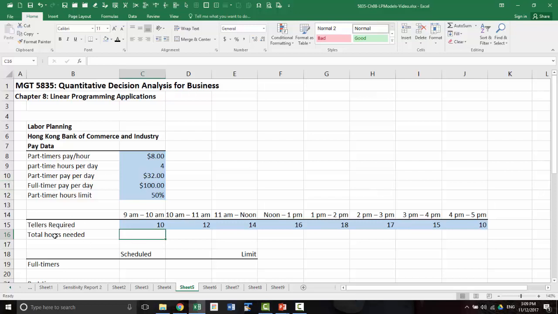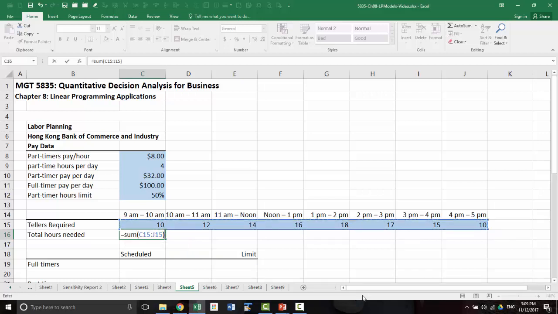So the total hours needed per day will be, you need 10 tellers for 1 hour here, 12 tellers for 1 hour here, 14 tellers for 1 hour here. So if you add up all of these numbers, that will give you the total number of teller hours we need. The reason we need this is we need to make sure that the part-time hours is limited to 50% of this.